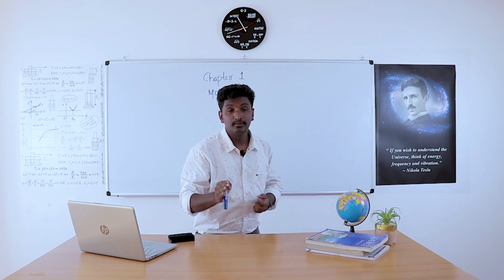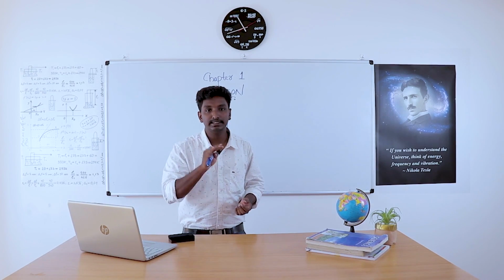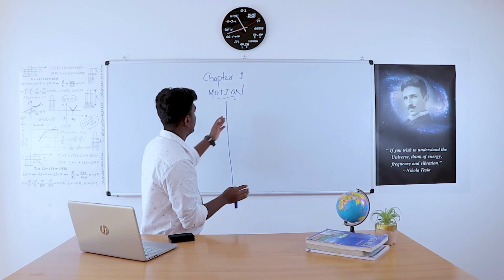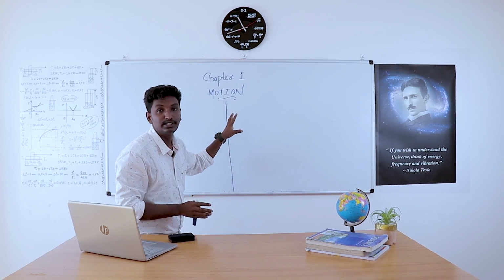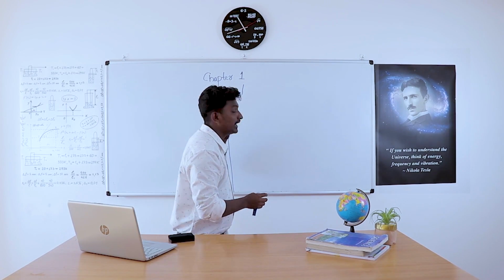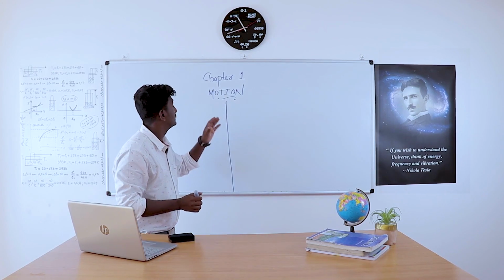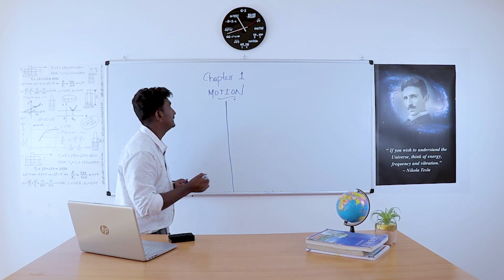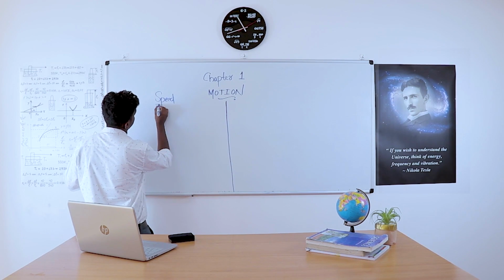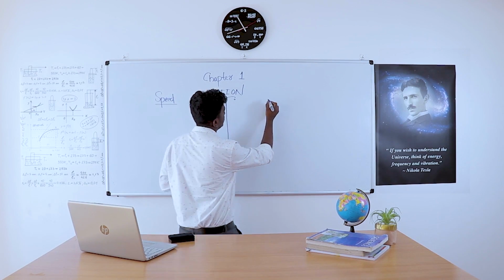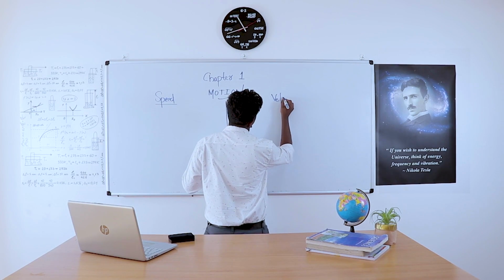In the same way we differentiated between distance and displacement, we are differentiating speed and velocity using a table. I am now constructing a table to point out the difference between speed and velocity.